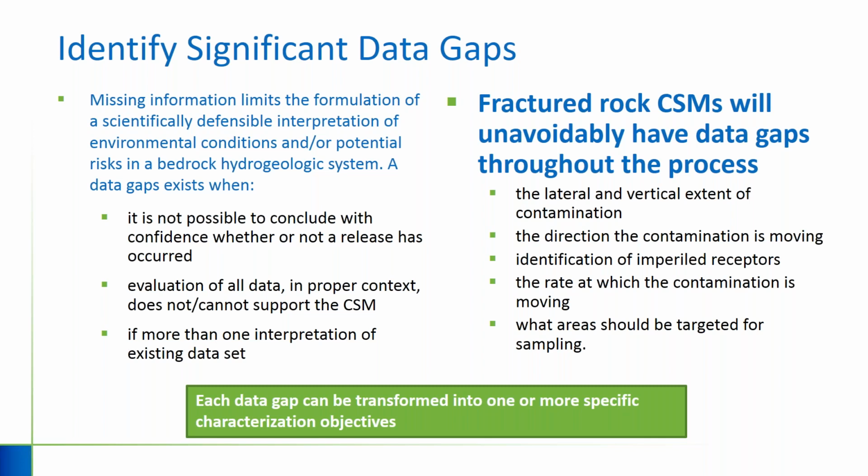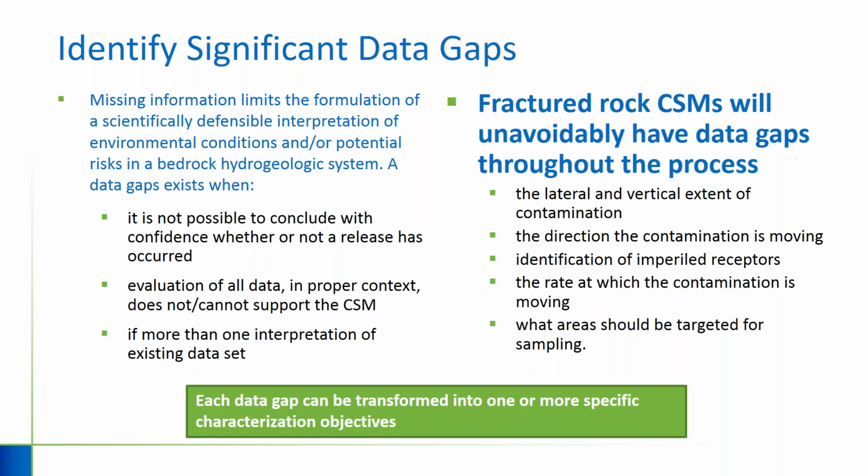But one thing we included in the fractured rock document that I want to point out here is this idea of significant data gaps. So especially at fractured rock sites, there are always going to be things about your site that you don't know, that you wish you had more information on, whether it's vertical distribution of contaminants or understanding of fractures or whatnot. You're always going to wish that you knew more.